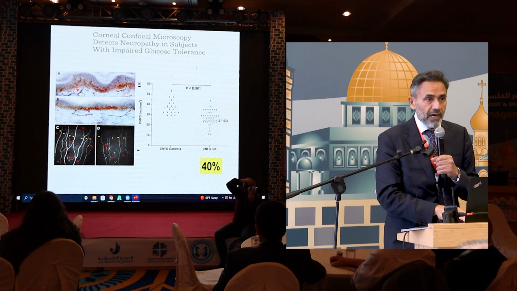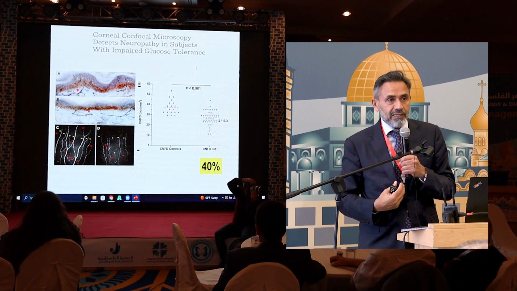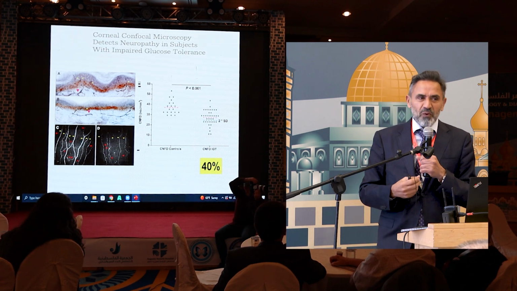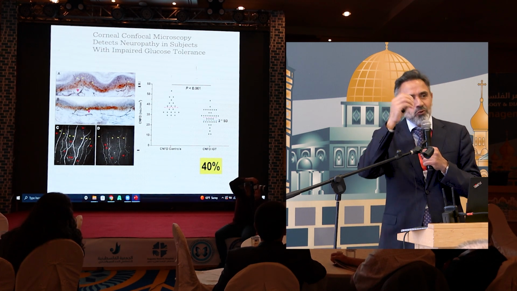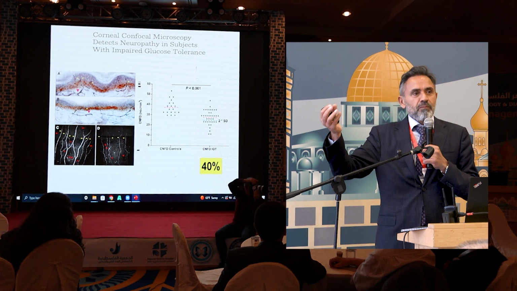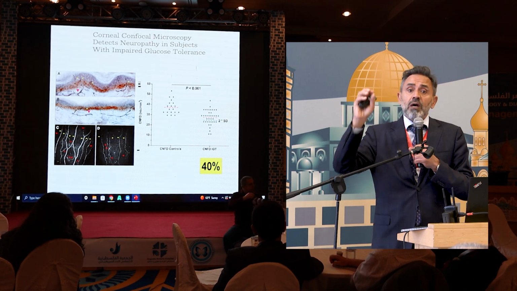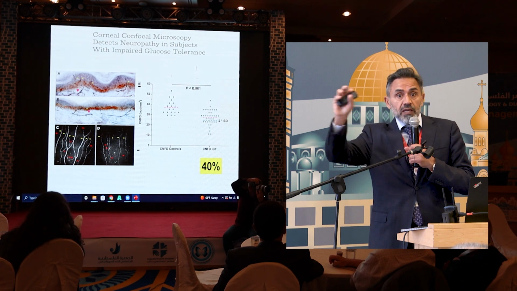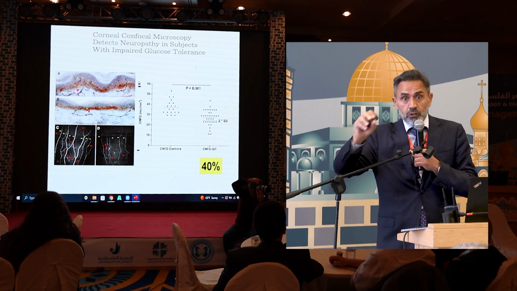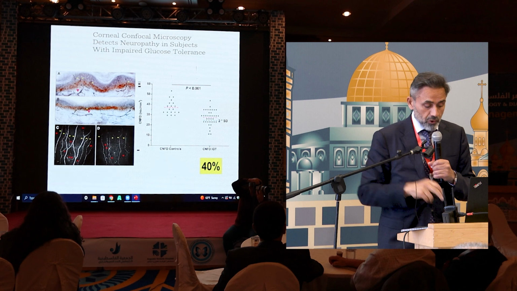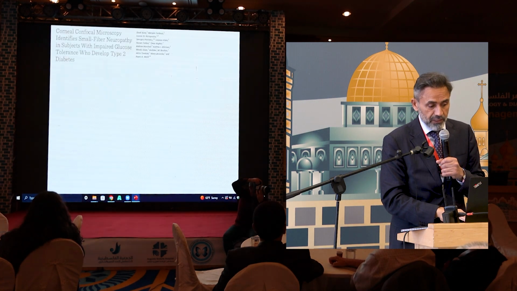And then I gave this talk before in Turkey, and I remember Mohammed coming up to me and saying, but what happens to people with IGT? Can you use this as a marker in terms of progression or regression? Because as you know, people with IGT can remain IGT, they can go to become normal glucose tolerance, or they become diabetic. So actually, we've looked at this in two ways.